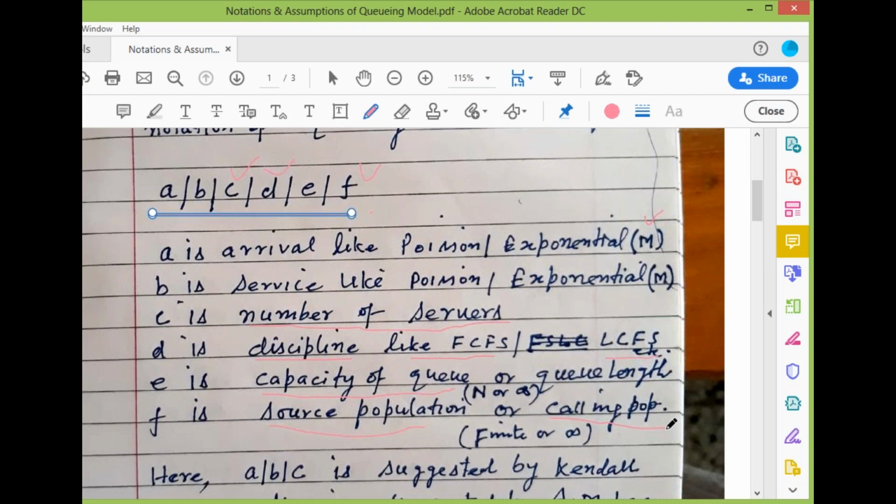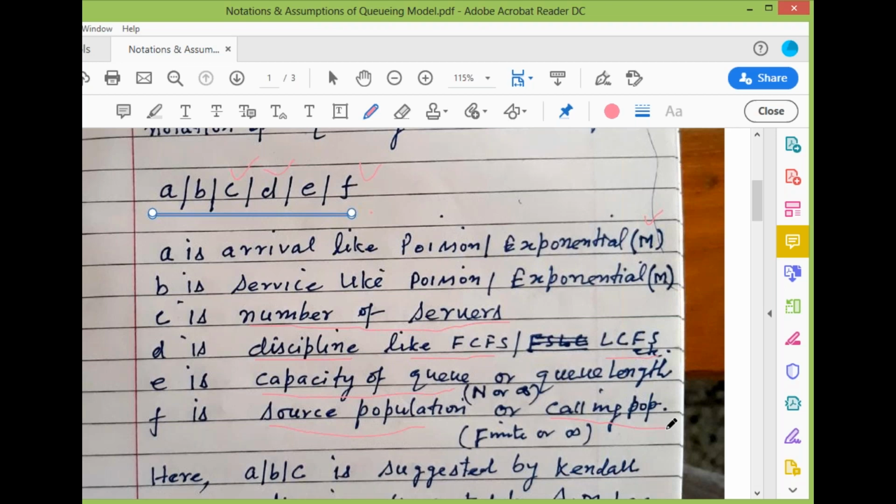For example, if any doctor is restricted to a particular street or place, and he is sitting in a particular village, then you can say that doctor has that village as the calling population.